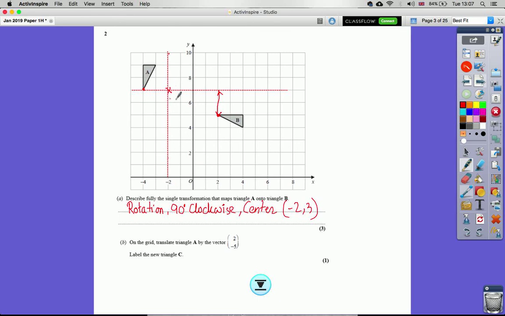So we're trying to find out the distance between this point and the dotted line, which is 4 units. So now we can say that it's gone 2 units across and 4 units down. So the center of rotation is going to be here. You can test.